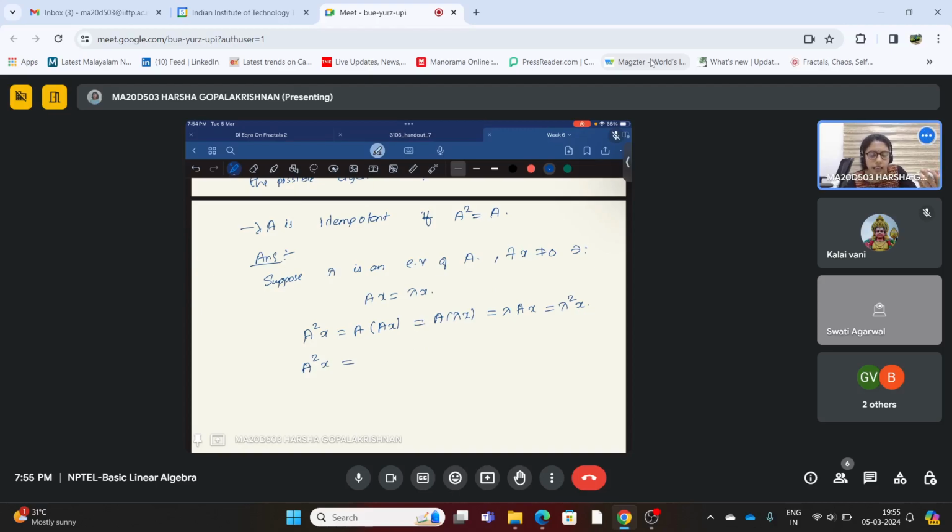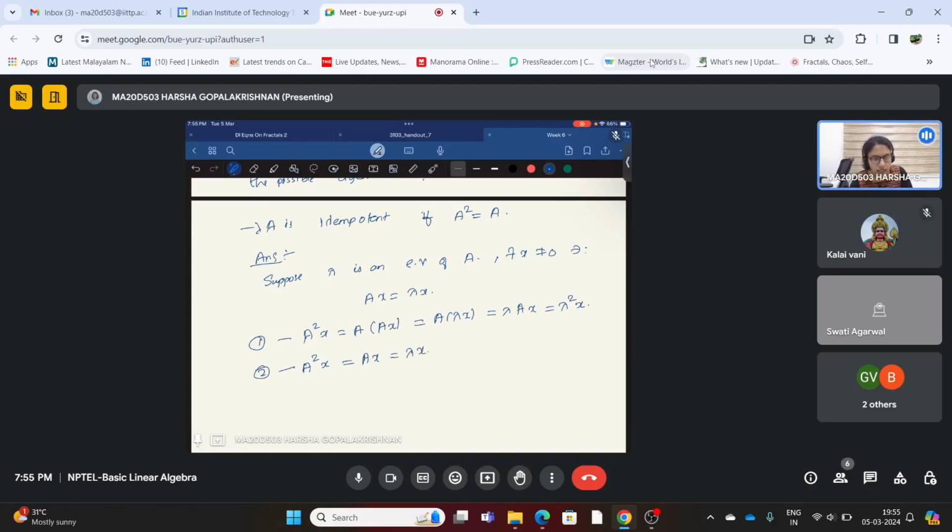Okay, here I am asking you to use the idempotency of A. That means A square equal to A. So what we can write? A square x equal to Ax, right? So in the first step, whatever we are doing is just the matrix multiplication. In the second step, whatever we are using is the idempotency. From this Ax again, I can write it as lambda x.